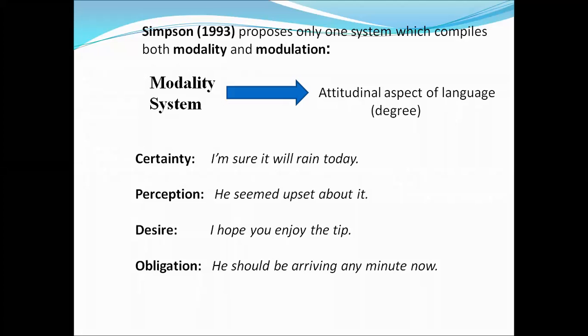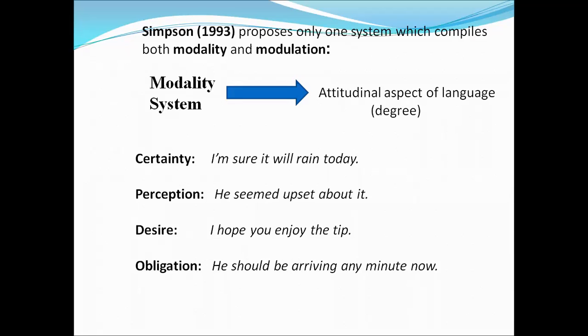I showed you a table. And modality means one. You can see four things here. Certainty, perceptions also, our perception, seems, looks, etc. Looks as if, looks as though, right?